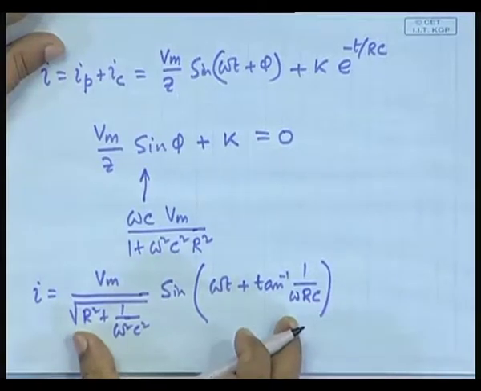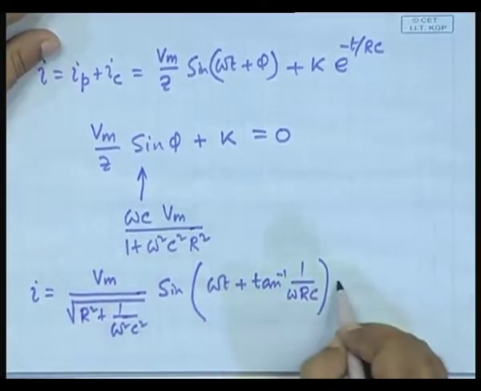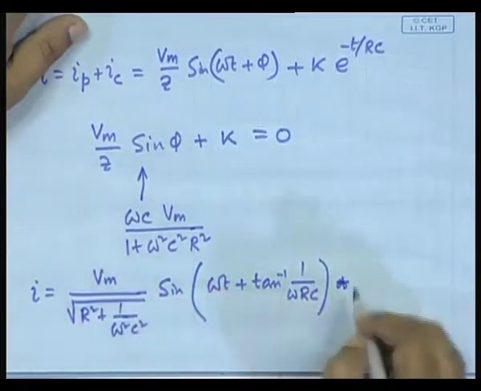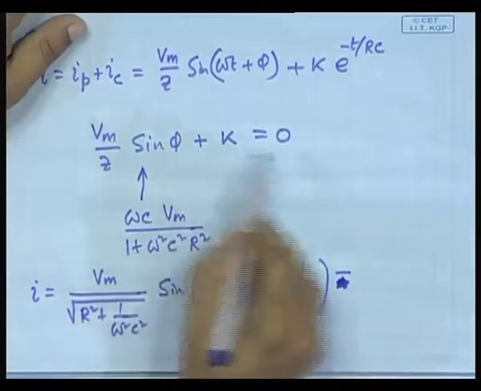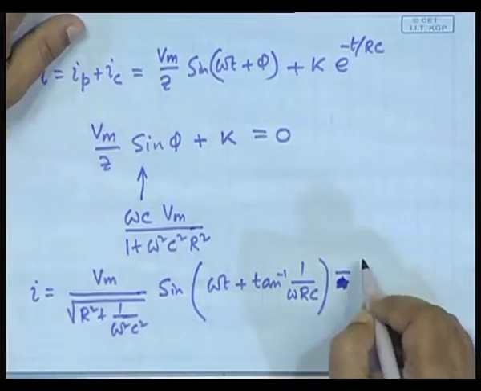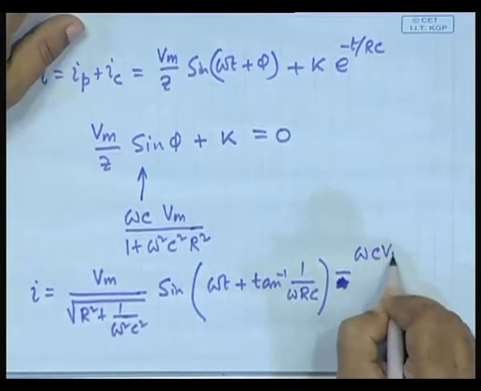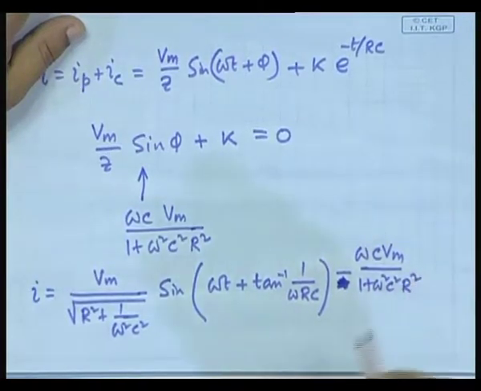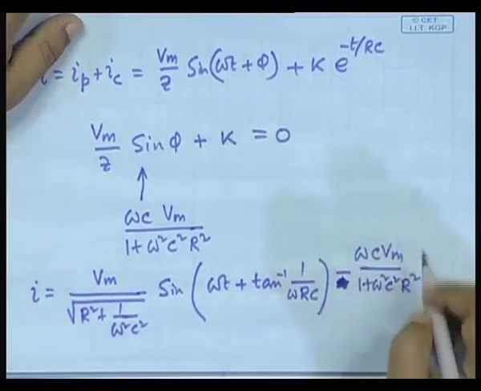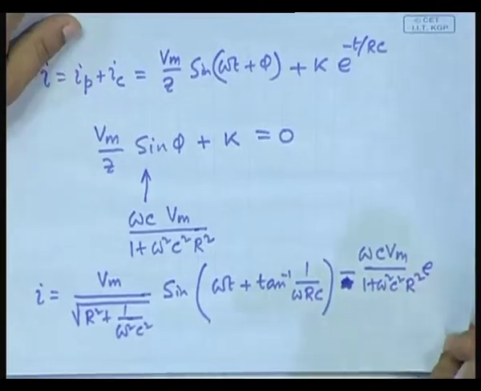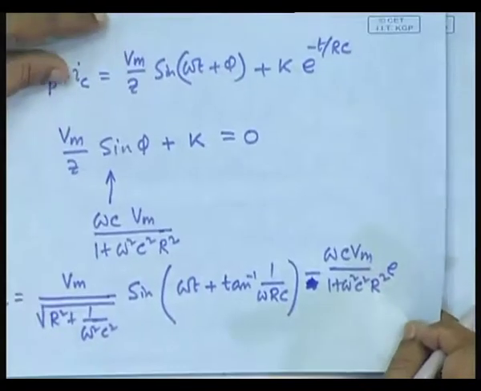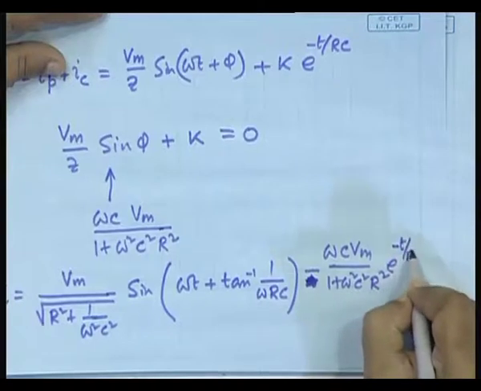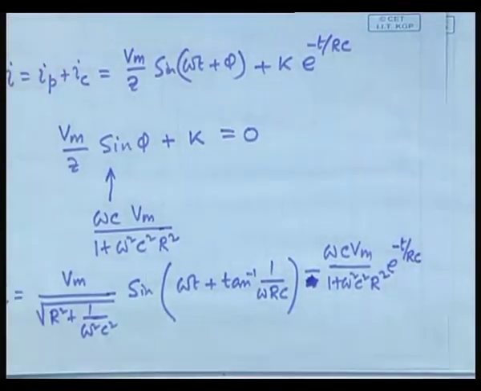This is the I p part, plus, oh sorry, it will become minus, because k is minus of this: minus omega c V m by 1 plus omega square c square r square, times e to the power minus t by r c. So, that is the total solution. Fine.